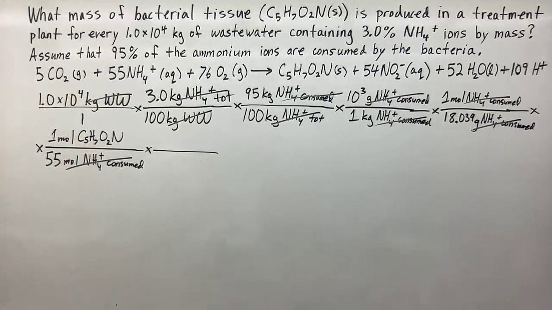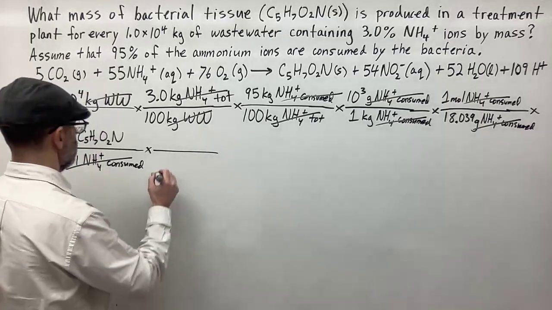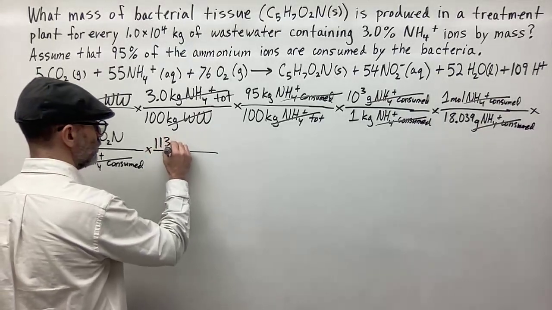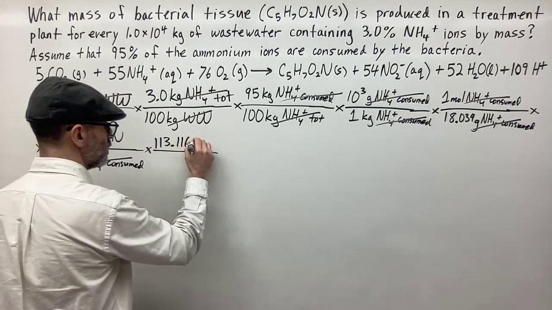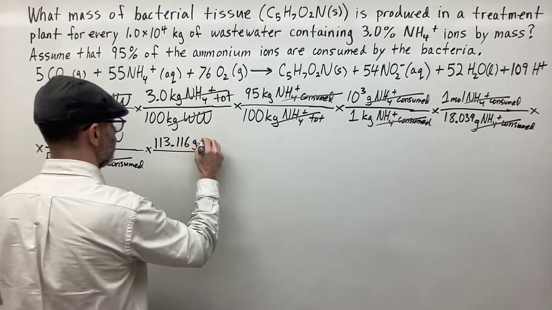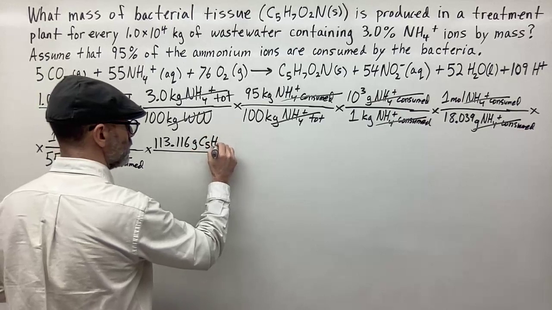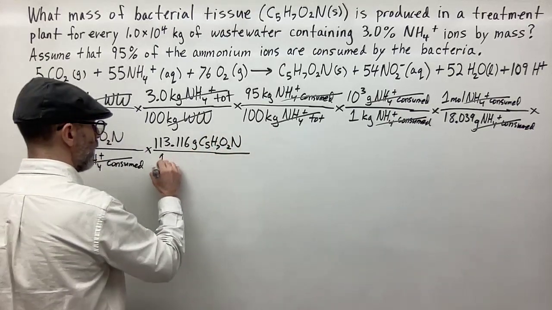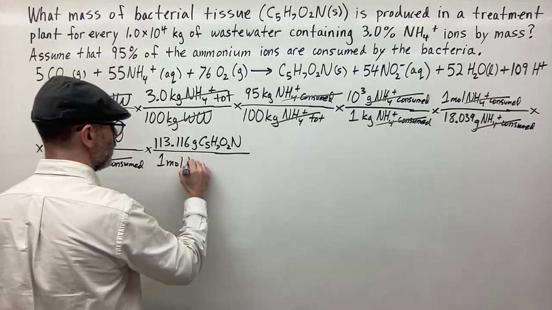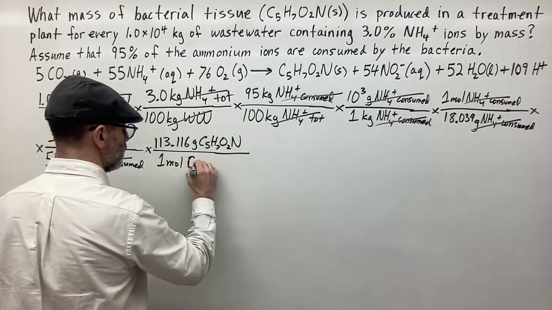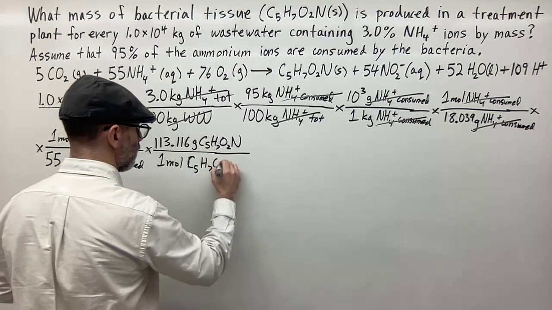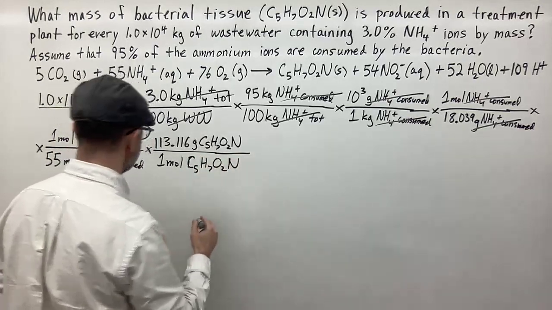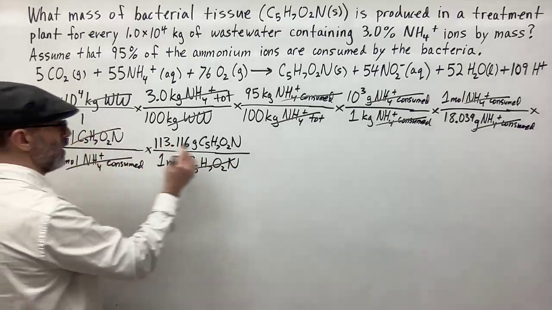When I do that, I'm going to have 113.116 grams of the C5H7O2N, and on the bottom, 1 mole of the C5H7O2N. So the moles cancel out. Now I have grams.